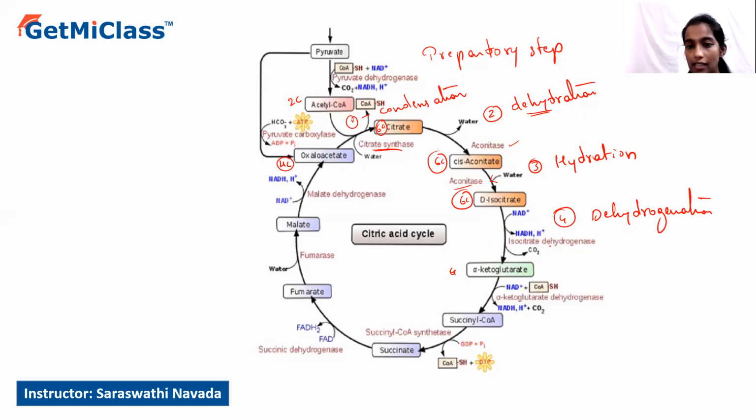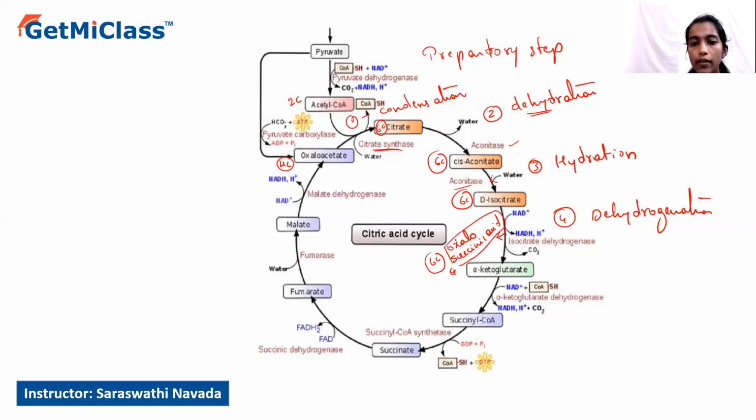First it undergoes dehydrogenation, resulting in the formation of an organic acid that is called oxalosuccinic acid, which is again a 6-carbon acid.